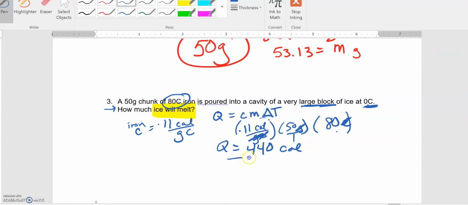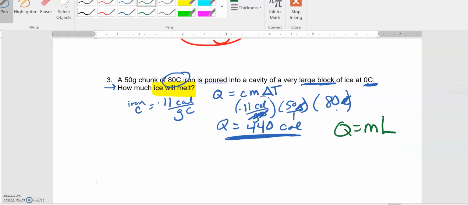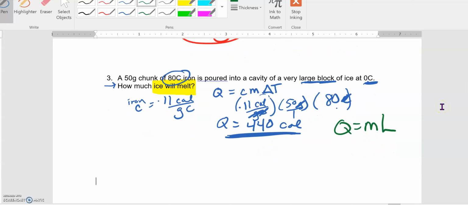Now this is still going to be the amount of heat that goes into the ice, but what we're going to do differently is, because this is a phase change, our formula for a phase change is Q is equal to mL. And this is in your textbook in those math workout problems at the end of the chapter. It does take you through that second formula here.